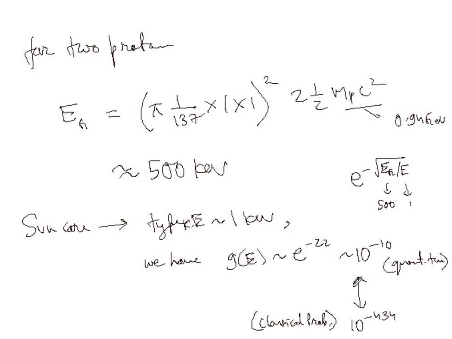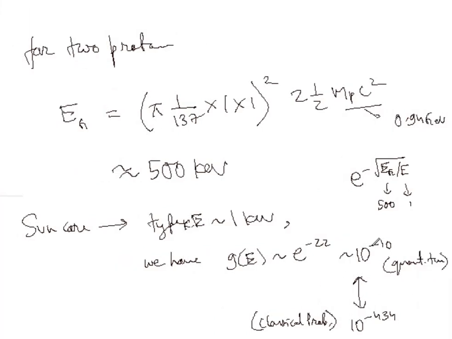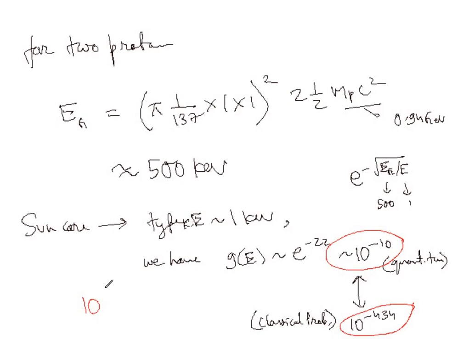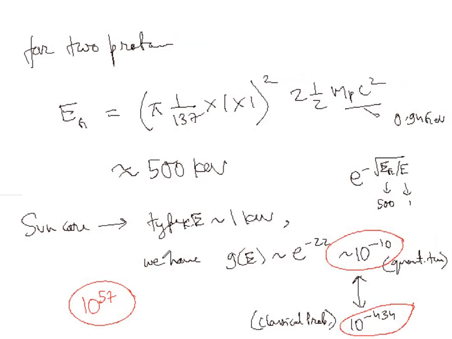Let me highlight this. We are comparing this 10 to the power minus 10 with the classical value. And what about the number of protons in the sun? We have to compare this with the number of protons, which is 10 to the power 57. So let us compare these 3 terms.